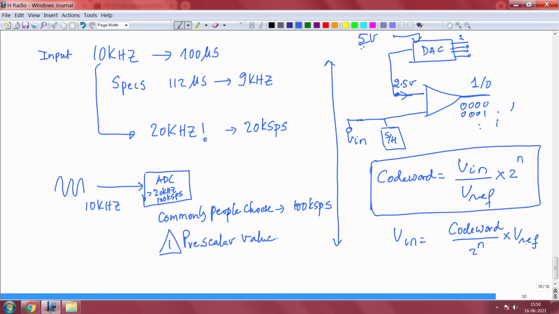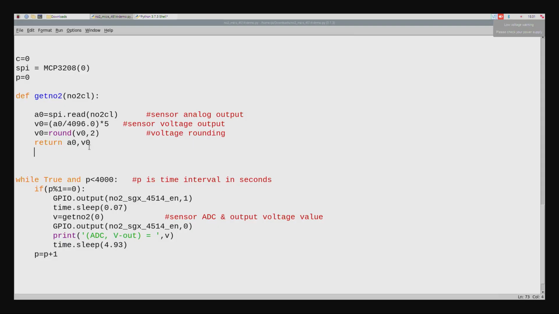That is what we showed in the code as well. The code simply says A0, that is your code word, the digital output, divided by 2 power n, which in our case is a 12-bit ADC, 4096, times the reference voltage, which is 5 volts. So you get back the analog input as seen at the input of the ADC.